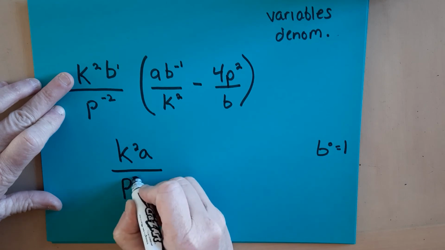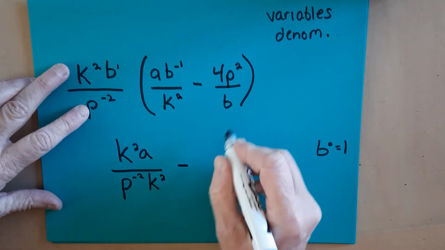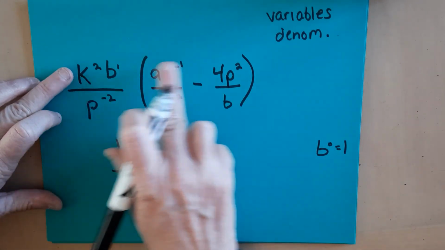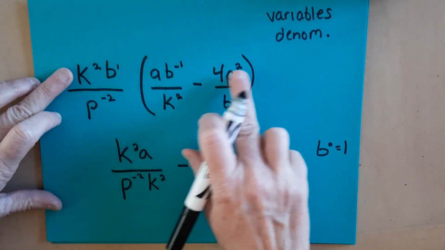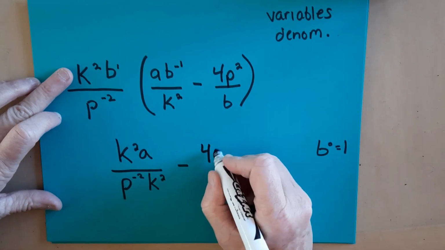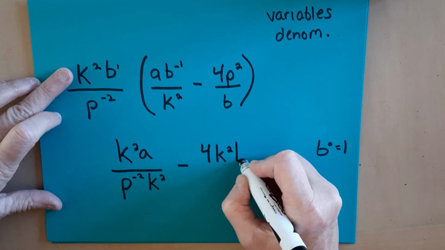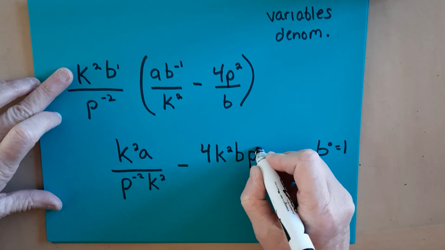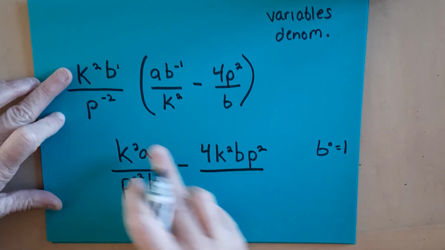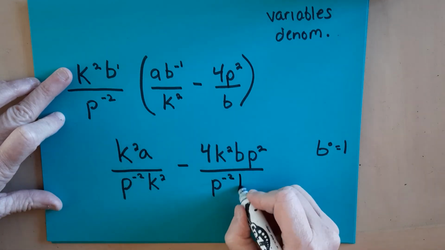And then that would be over p to the negative 2 over k squared minus, let's multiply these two. Don't forget that when you distribute, you have to remember to multiply by the second one. So we have 4k squared b p squared all over p to the negative second times b.